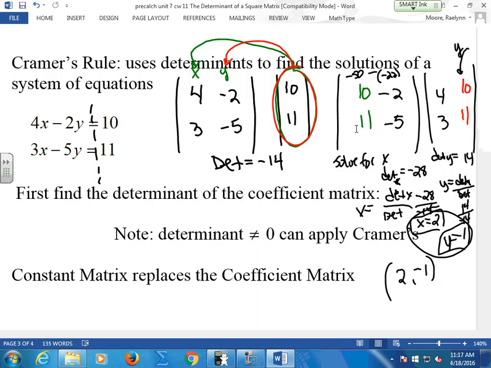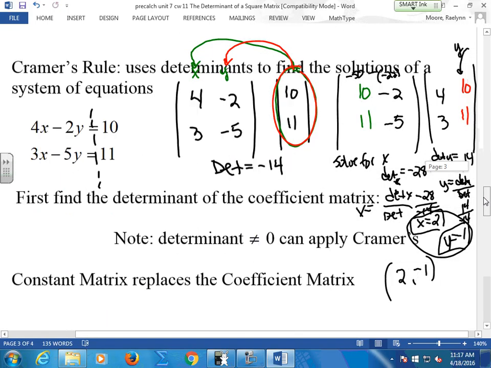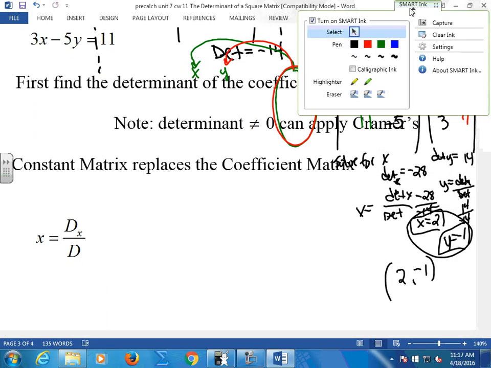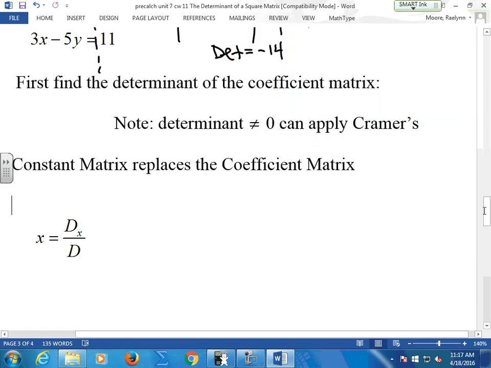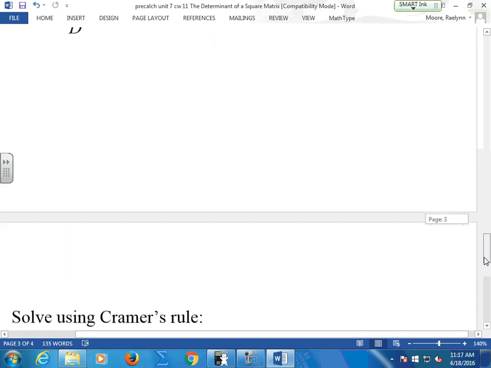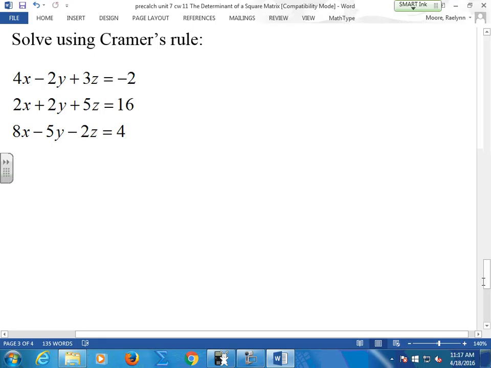So let's try another one. Okay? So, first step, do you have this one? First step is separate it, coefficients, constants, and make a matrix bar. I'll make a determinant bar.